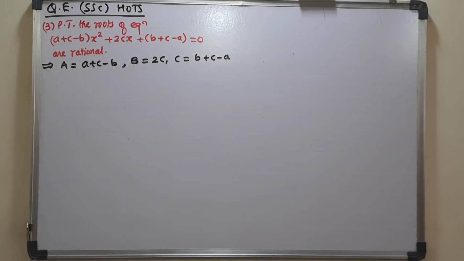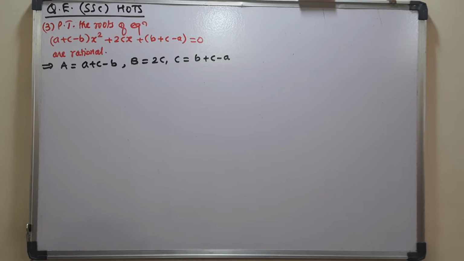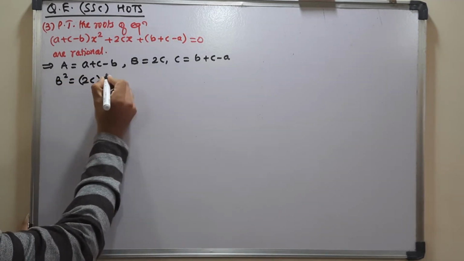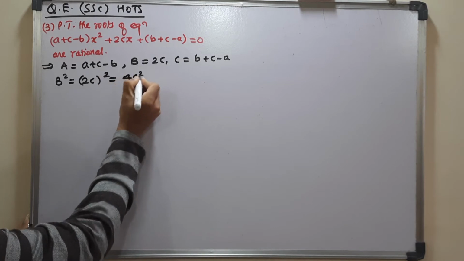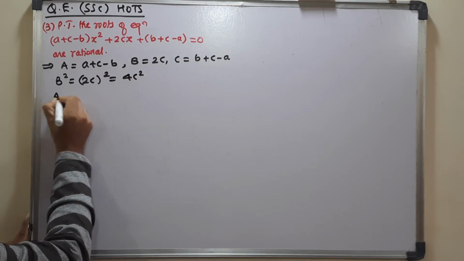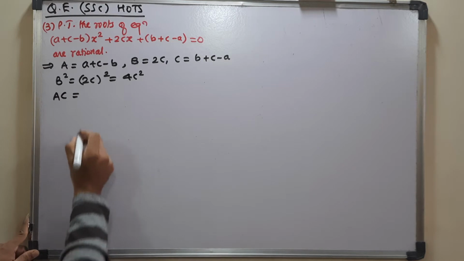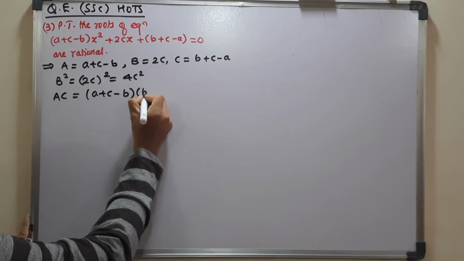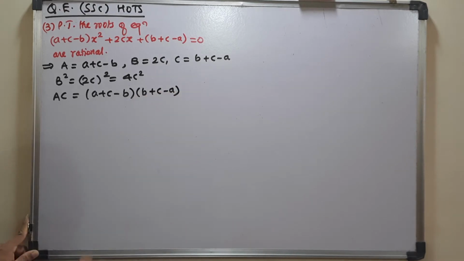Now I will find b square minus 4ac. b square is nothing but 2c the whole square, that is 4c square, and a into c first I am finding, so that will be a plus c minus b into b plus c minus a.